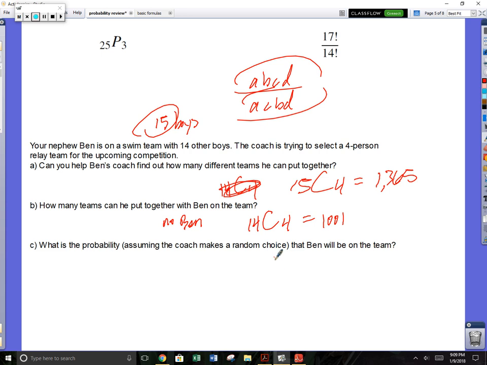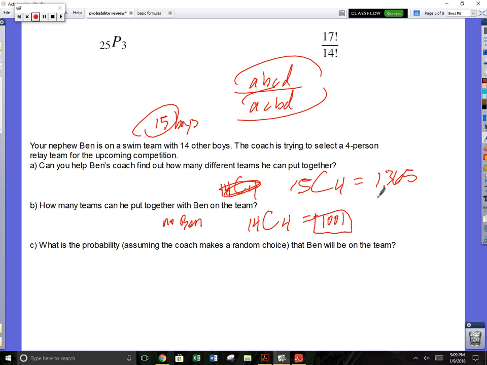So if I throw Ben on the team, that adds an extra kid, a 15th kid to choose from. All of these combinations do not have Ben. So all of the difference between these two must have Ben. So there's 1,001 ways that exclude Ben.